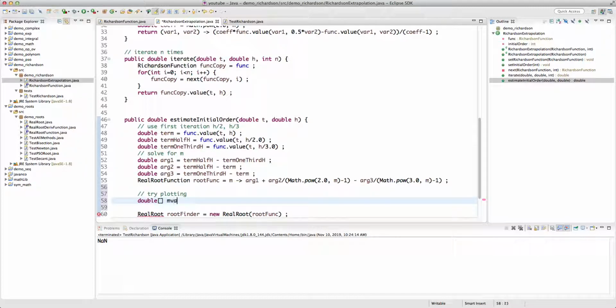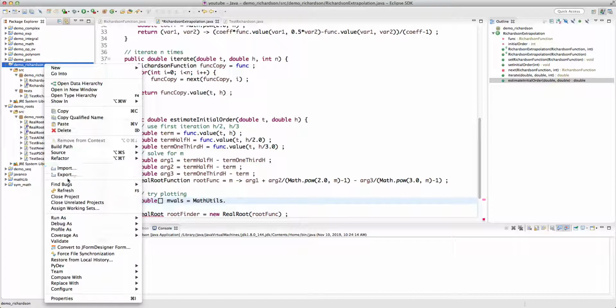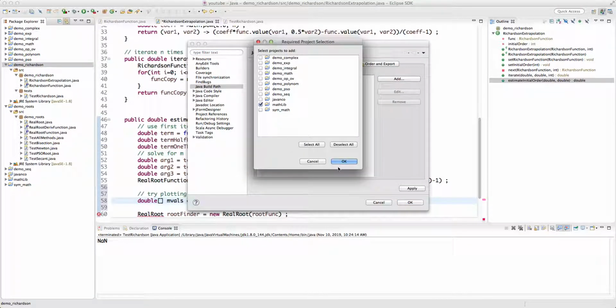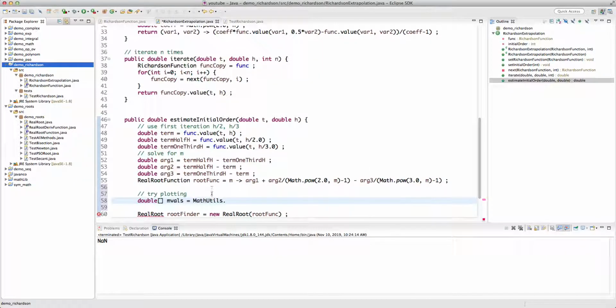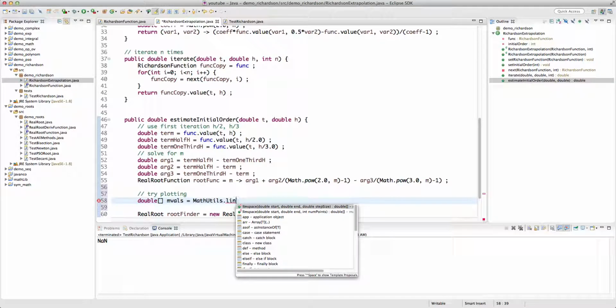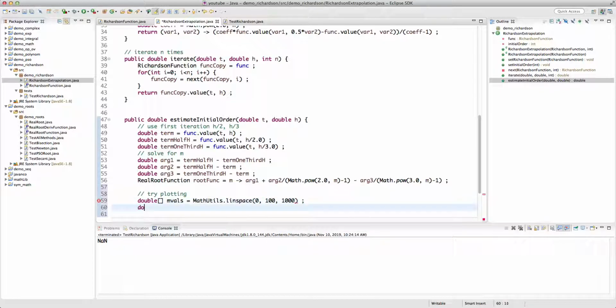Double mvals equals mathutils dot, let's also give it a dependency on the math library, mathlib. Mathlib.linspace from 0 to 100 points. Double yvals is array func dot apply.